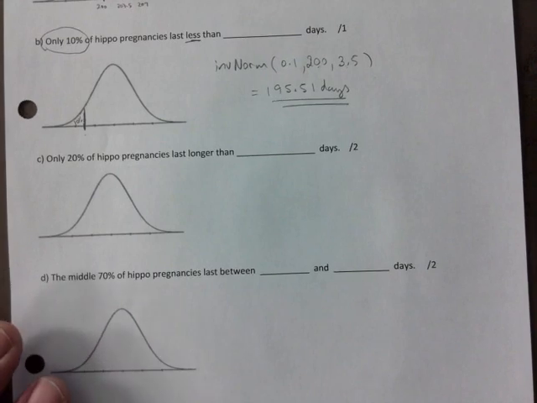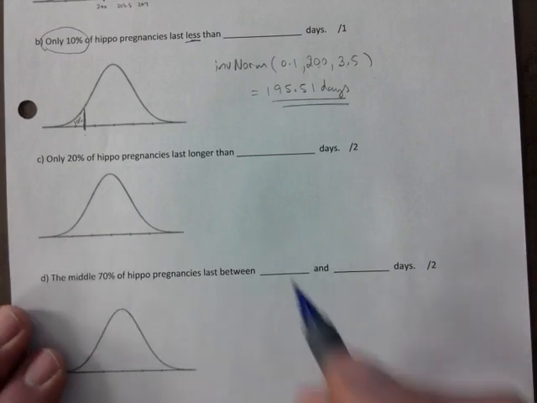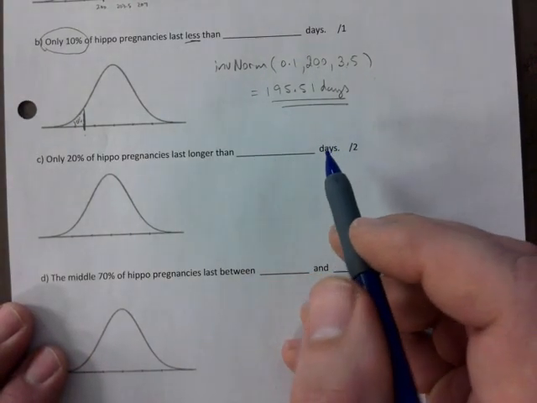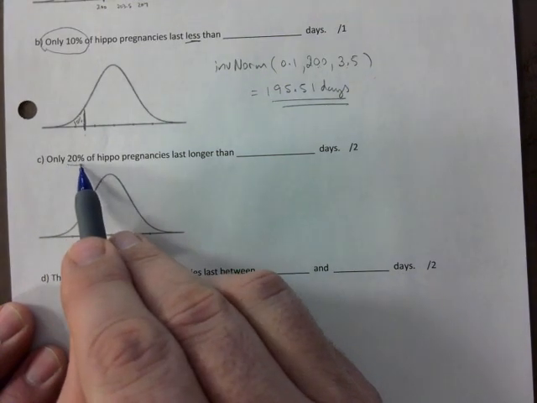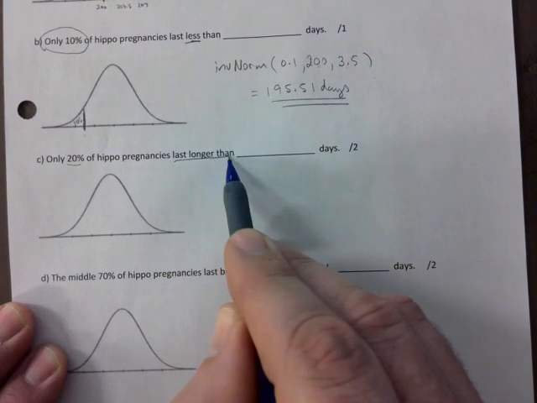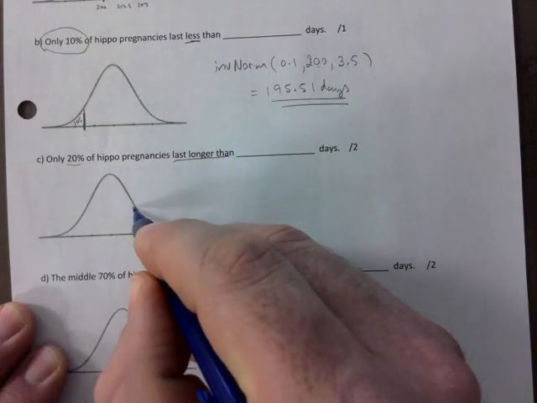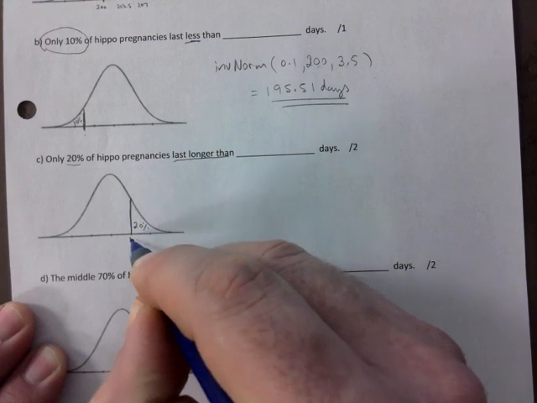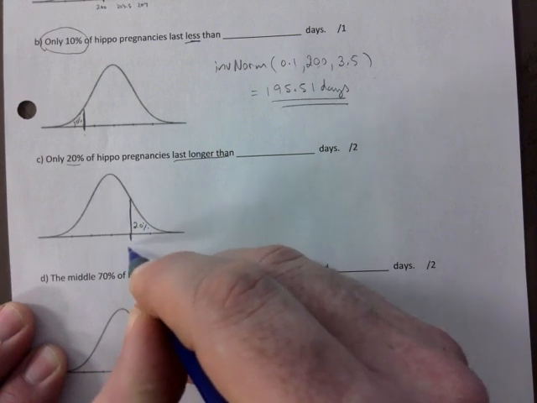Next, only 20% of hippo pregnancies last longer than X number of days. The percentage is given, so most likely inverse norm, last longer than this. So basically you're saying I'm somewhere here where 20% of pregnancies would last longer than X number of days.